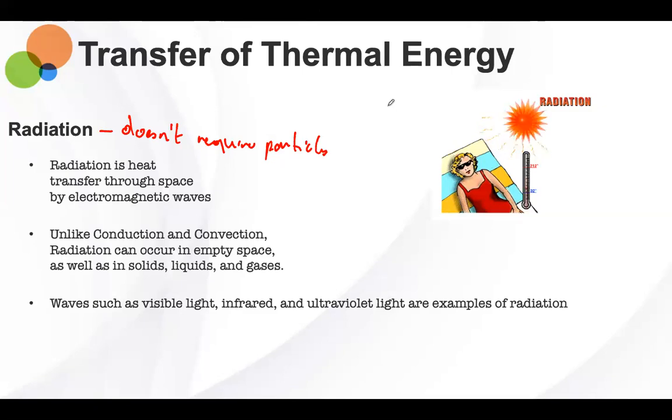So waves such as visible light, infrared, and ultraviolet light are some examples of radiation. All right, so there's radiation, ultraviolet rays, everything that affects the skin. Some of the radiation has too much of a wavelength.